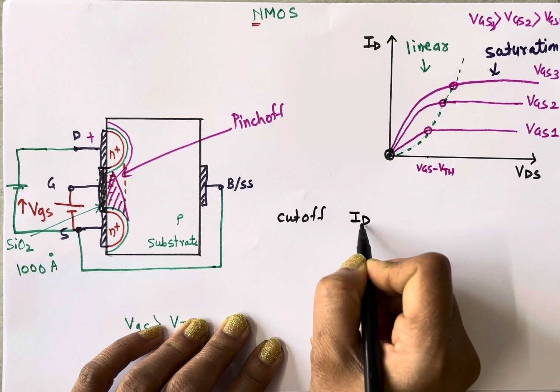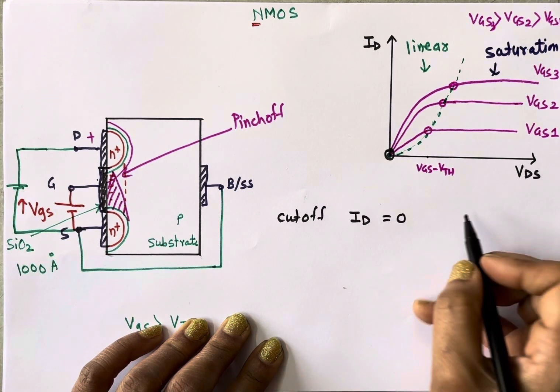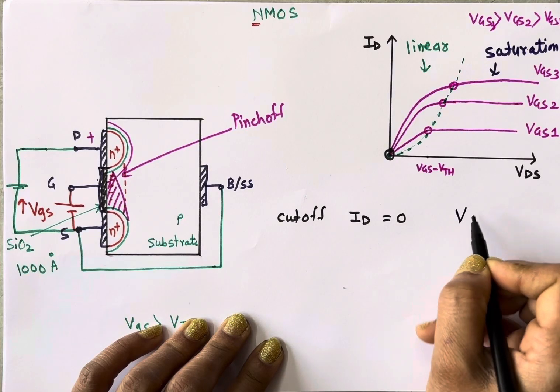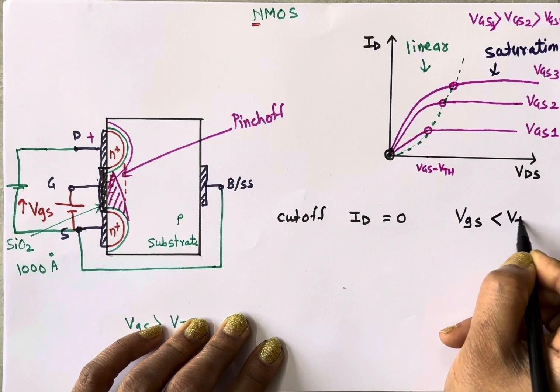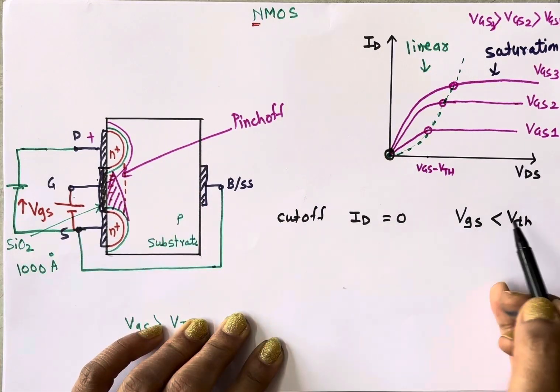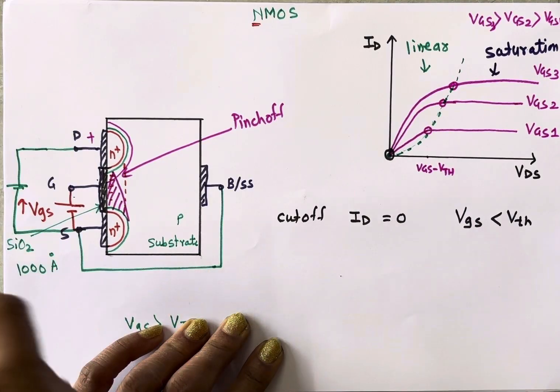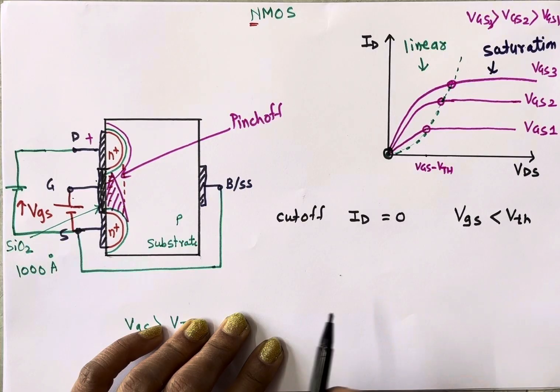Current doesn't flow through it. So ID is equal to 0. And you need to remember why, because VGS is less than V threshold. When the gate to source voltage is less than the threshold voltage, it means the channel is absent. Channel is absent means current cannot flow through the MOSFET.